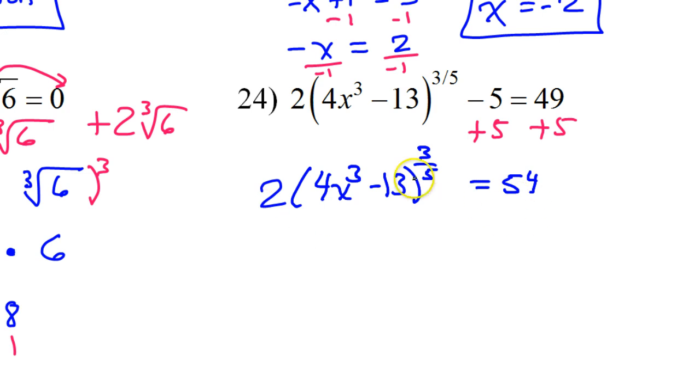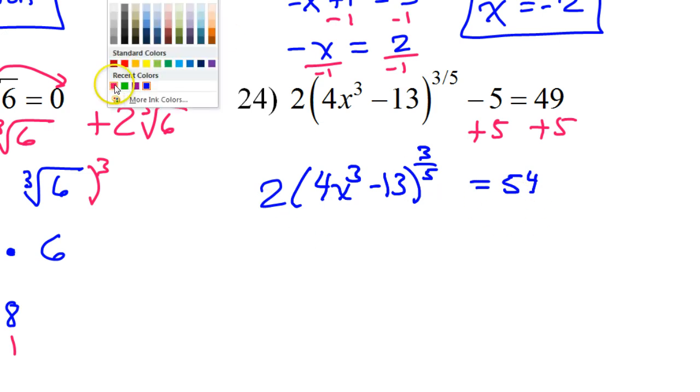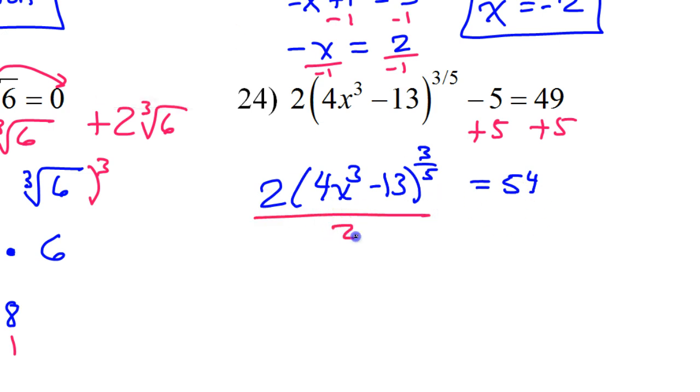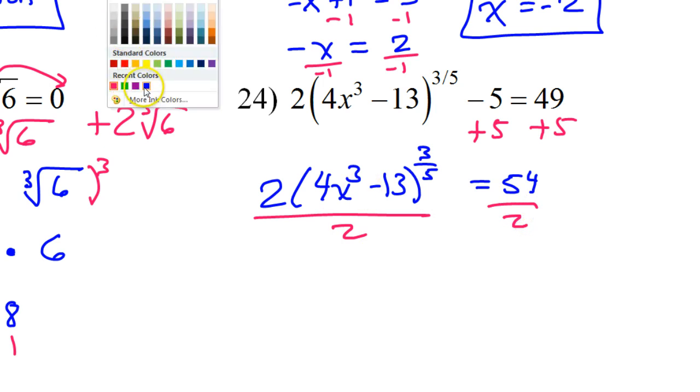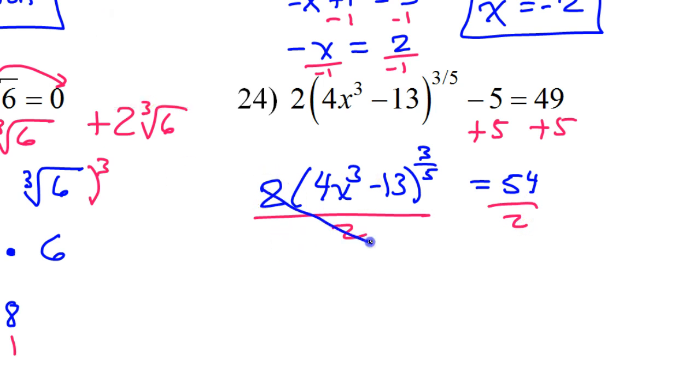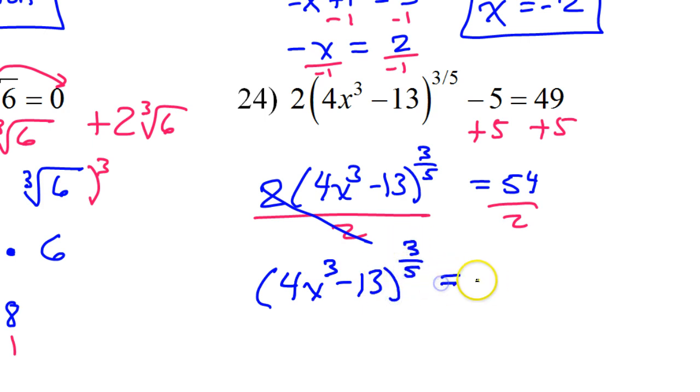All right, then we're going to divide both sides by 2. That'll cancel these out. So that's going to give us 4x to the third power minus 13 to the 3/5 power is equal to 27.